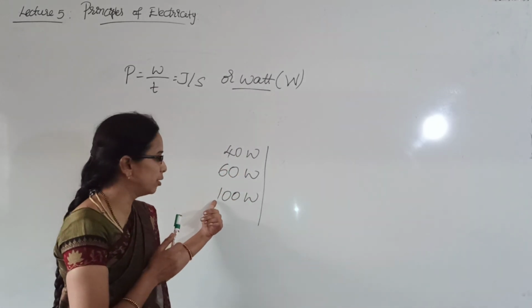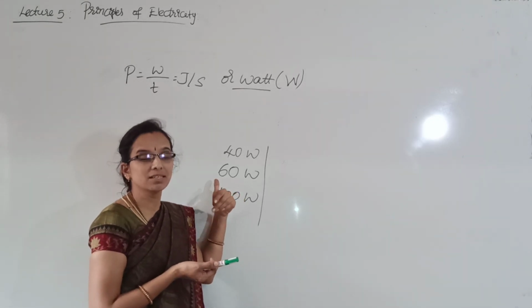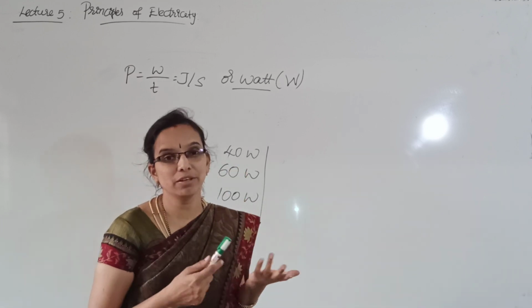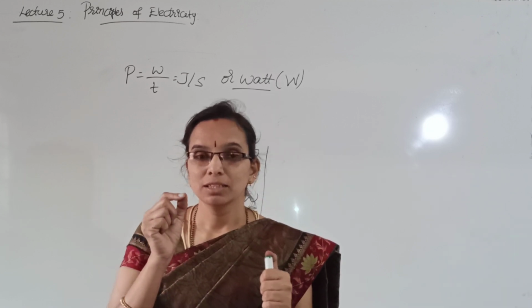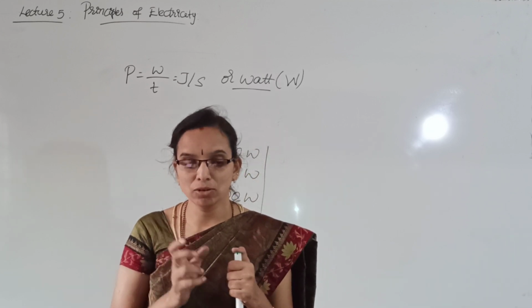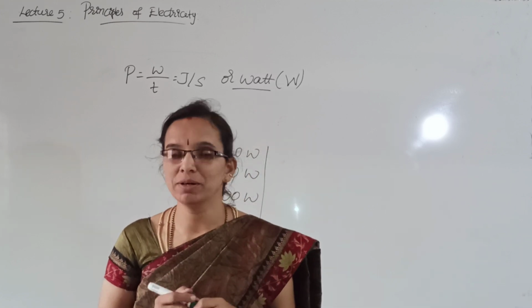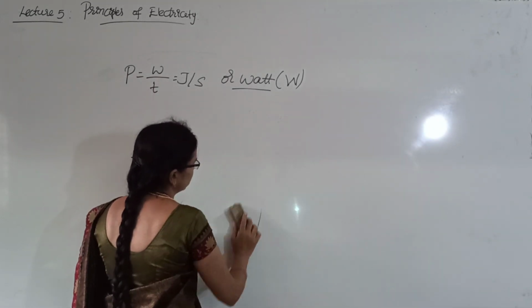The 100 watt bulb glows brighter than the 60 watt bulb, and the 60 watt bulb glows brighter than the 40 watt. The same way, on the iron box you can see the power rating, and also on motors you can see the power rating.